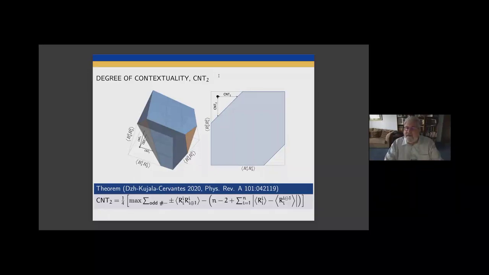in which you have axes that contain pairwise expectations, triple-wise expectations, quadruple-wise, and so on and so forth. But right now we are thinking in a different way. And again, Victor Cervantes will present his talk in which he will defend the idea of constructing a hierarchical measure.